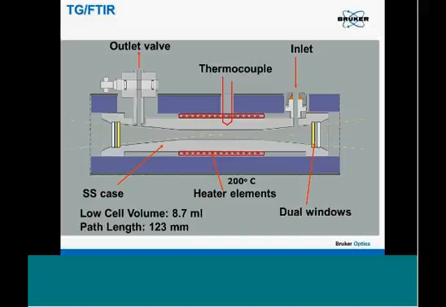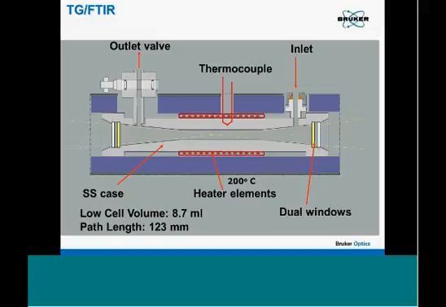So we have a specially designed cell for these measurements. It's low volume, about 9 milliliters, and the path length is about 123 millimeters. It has one inlet for the incoming gas from the TG and one outlet valve. We also have a thermocouple so that we can control temperature through the software.